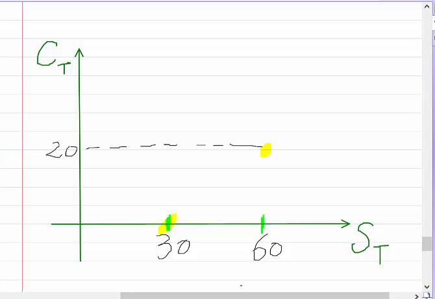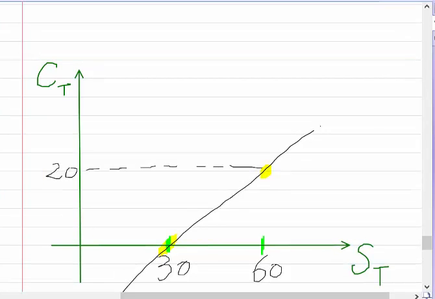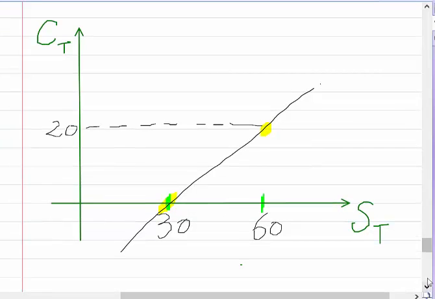But now I'm going to draw this line. So this line now links the 2 call payoffs, right? One is 30, 0.